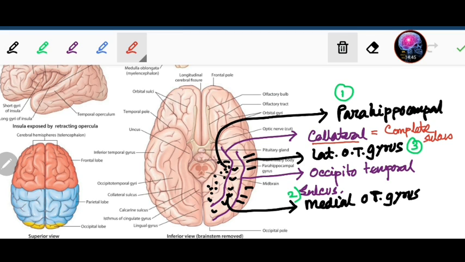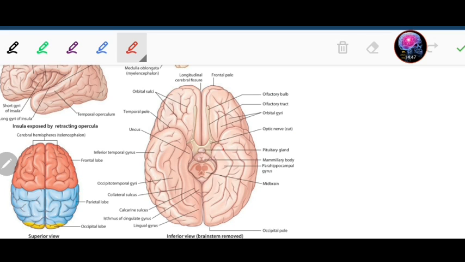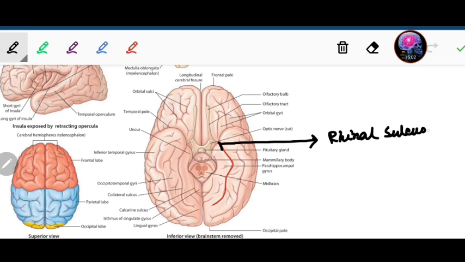So let's clear out this diagram. This collateral sulcus anteriorly is continuous with the rhinal sulcus. The anterior part of the collateral sulcus is called the rhinal sulcus, which forms the lateral boundary of the uncus on the medial side of the temporal pole.